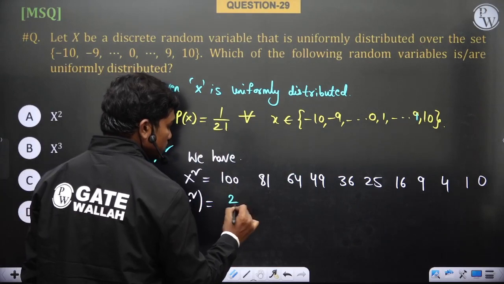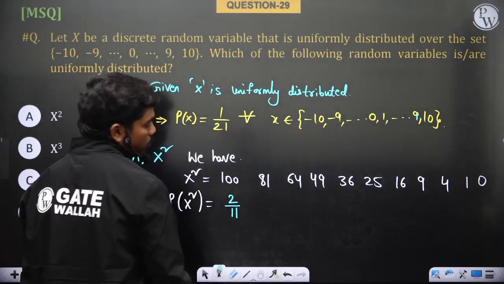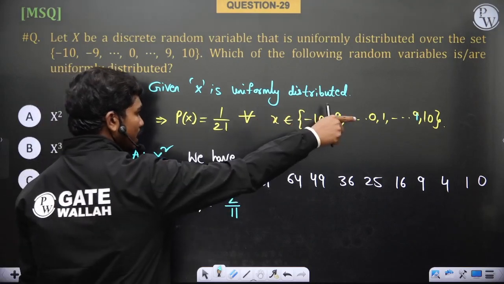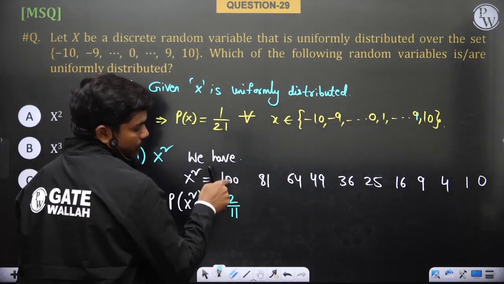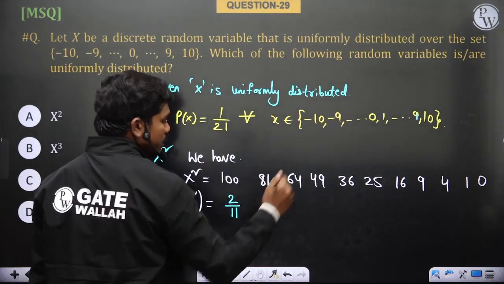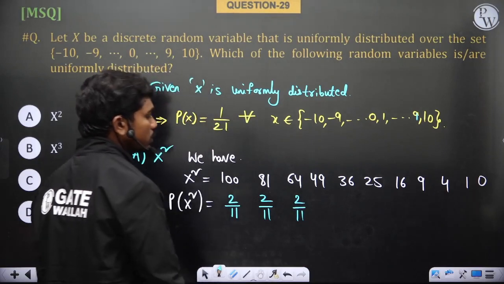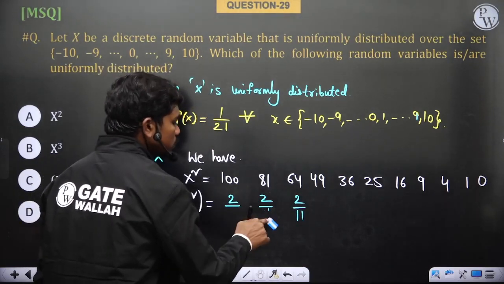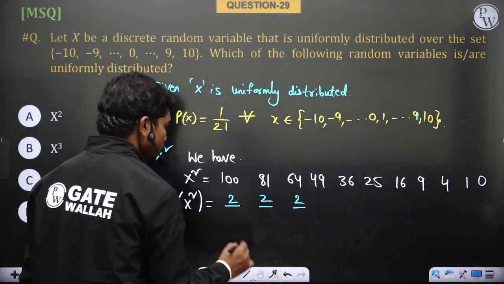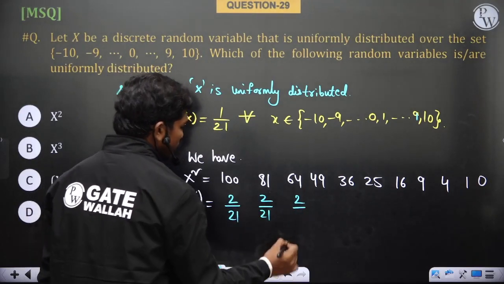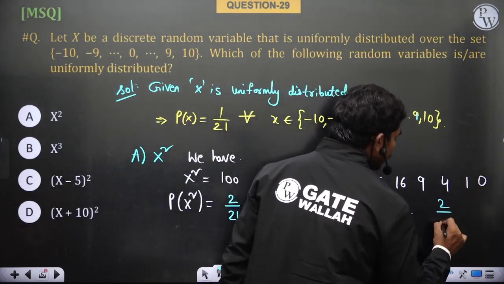So this is 2 out of 21 actually, because out of these 21 numbers you pick any 2, you will have 100, because of -10 and of course 10. Similarly, this is also 2 by 21, 2 by 21 and so on, till here.